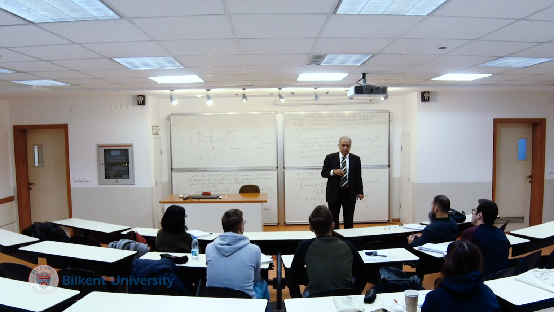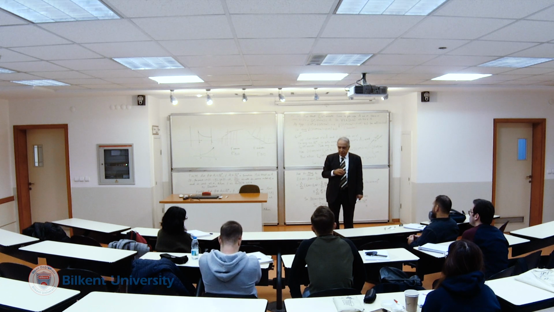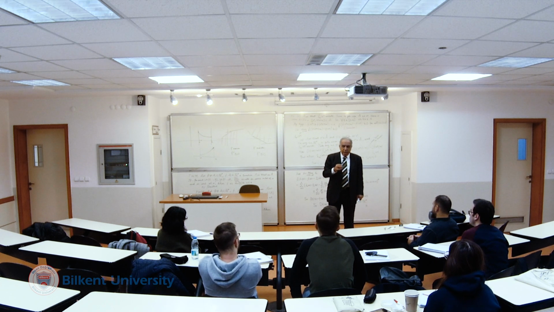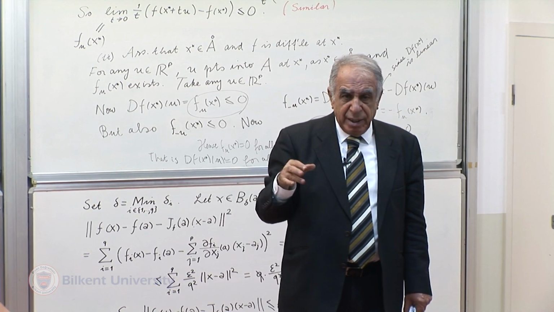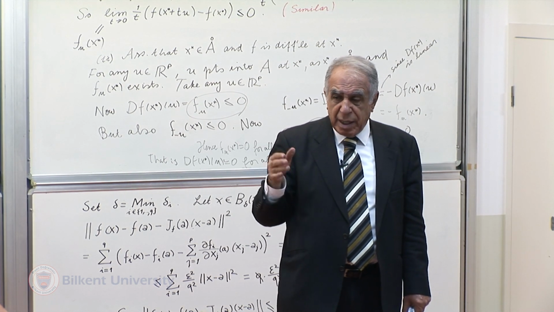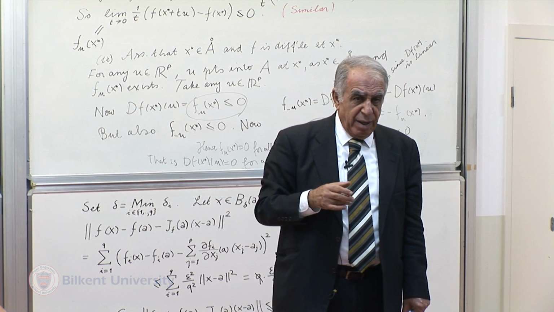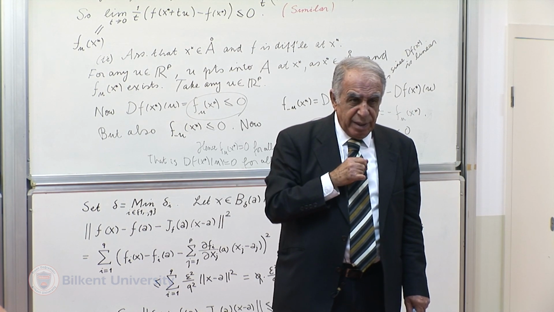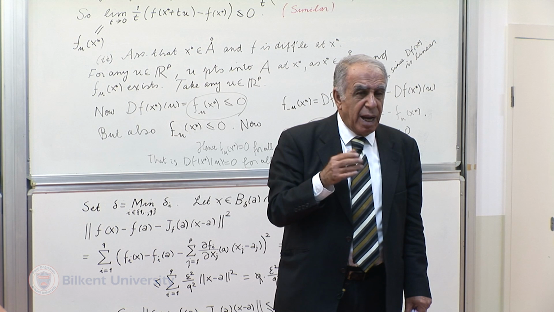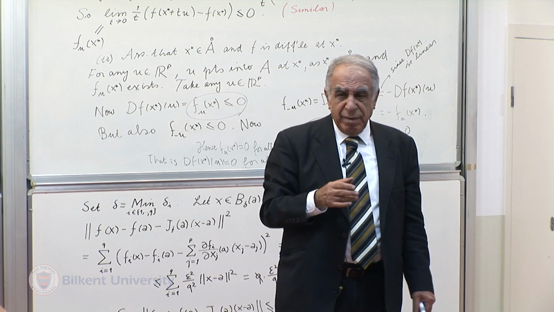In this course, just, well, the definition of a convex set is: if x and y belong to the set, and lambda is a non-negative number less than or equal to 1, then lambda x plus 1 minus lambda y should be in the set again, for each x and y and for each lambda in the unit interval. What do we need there? Just scalar multiplication and vector addition.